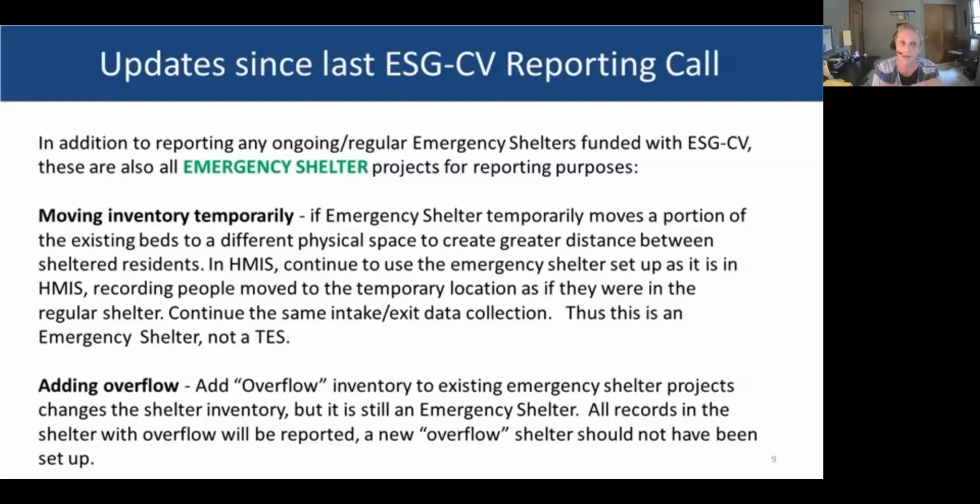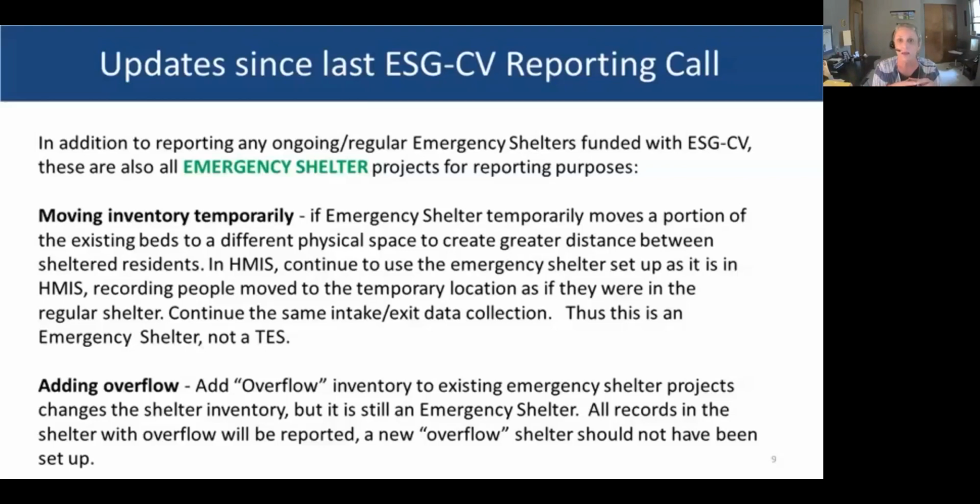We also talked about overflow. We knew that people would come in from the streets for fear of COVID, or that you would try to get them in from the streets so that they weren't going to get it or contaminate other folks. And there's always been capacity for overflow in shelters. We use it for winter shelters. We use it for summer shelters.